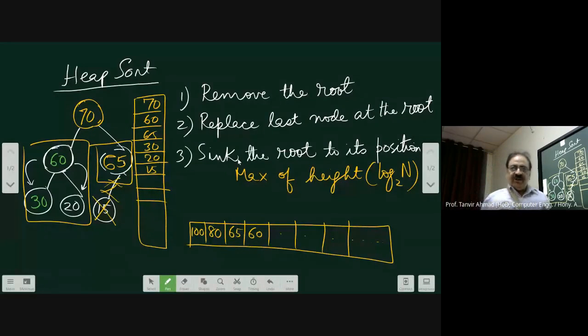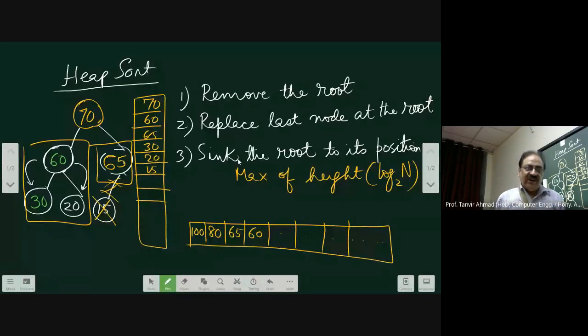For that you require 2 steps: you insert the number, and then you make sure that number is at its correct position, which requires you to perform a heapify. I already told you yesterday that this will take an order of n log n.